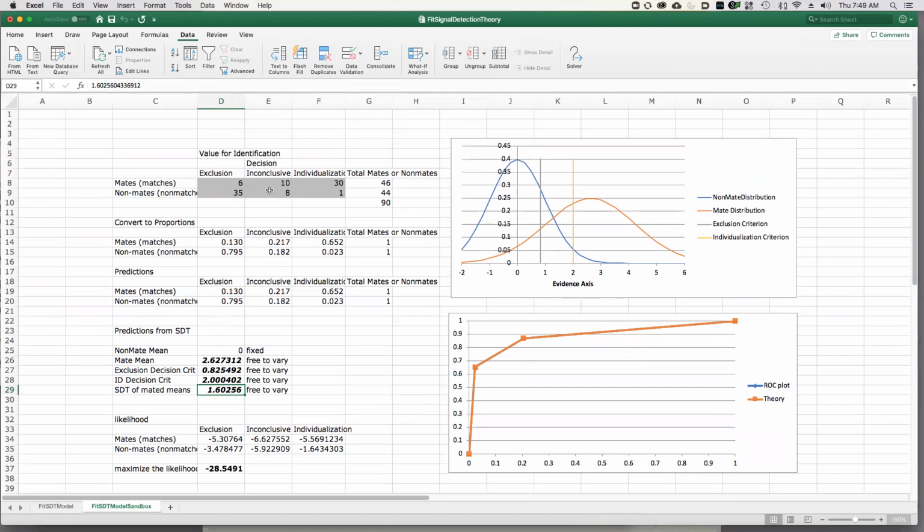So let's change this a little bit. Remember, our ID decision criterion is 2, and our exclusion is about 0.8. If I have an examiner who makes more inconclusives, so let's say they make 4 exclusions and 12 inconclusives, and they make 30 here and 12 of these.